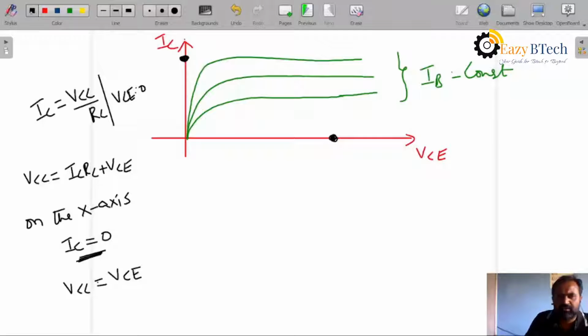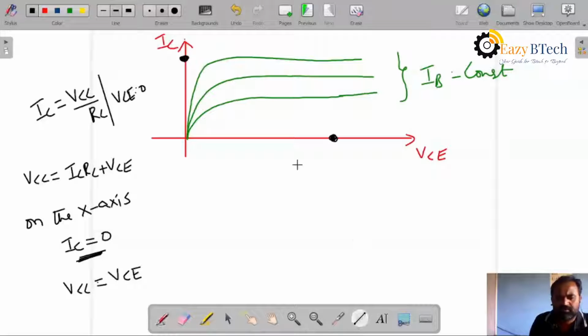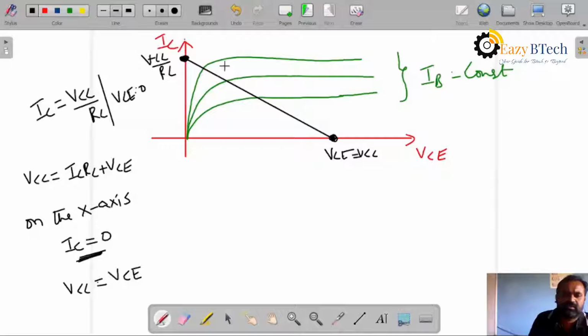Now if you draw a line between these two points, this value is VCC by RC and this value is VCE equal to VCC. This line is called the DC load line. Now at the center, this is a point.